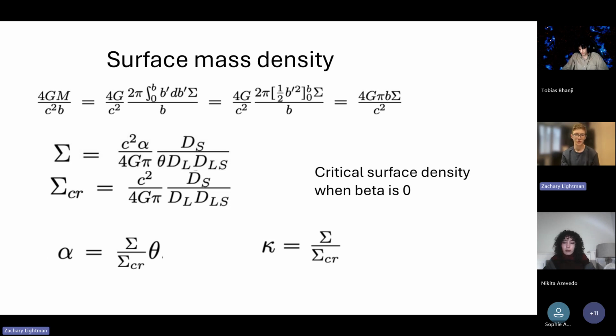We can use this as a measure for convergence, and we call this ratio kappa. At the bottom, it looks like a K. When kappa is greater than 1, we end up with strong lensing. Kappa less than 1, we end up with weak lensing and no image forms.